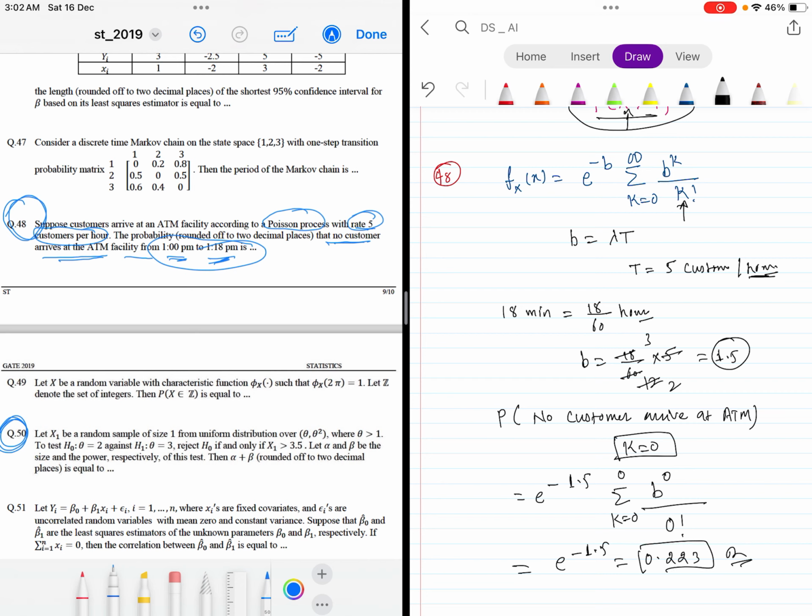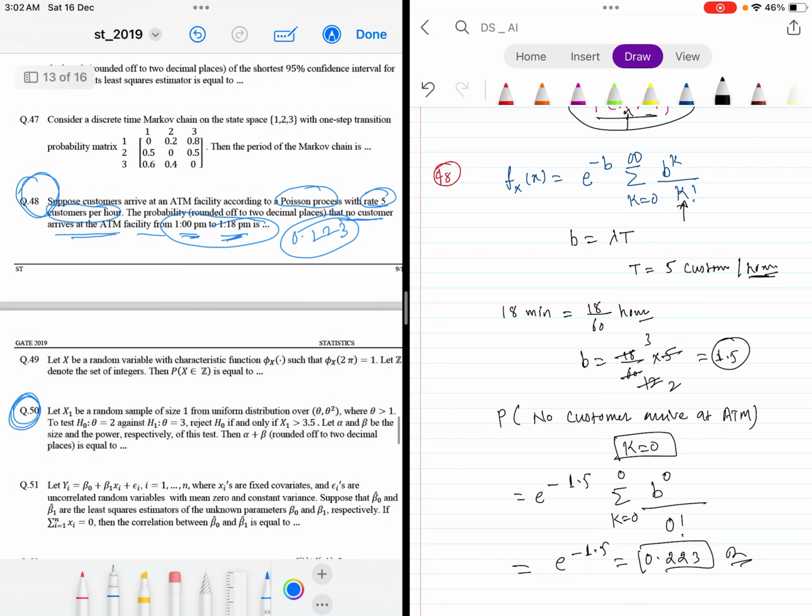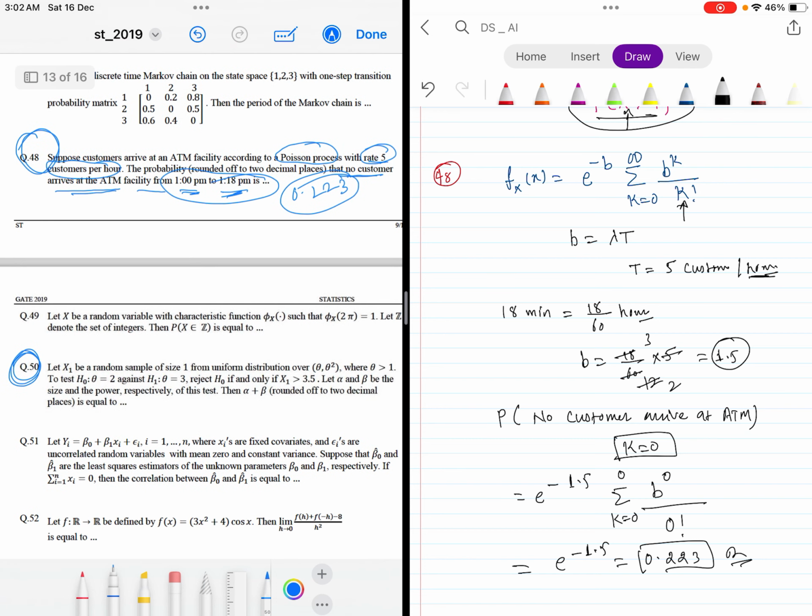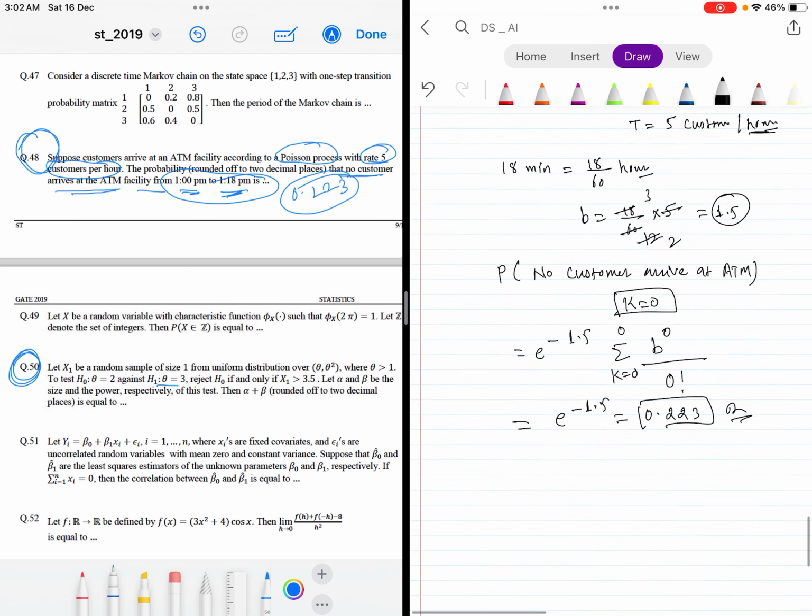So this is the correct answer for this question. This hypothesis testing question we will do in the next video.